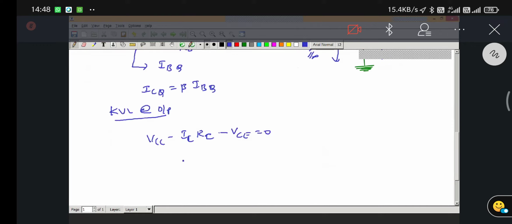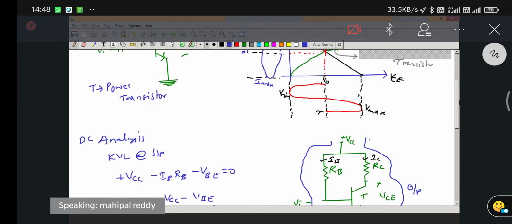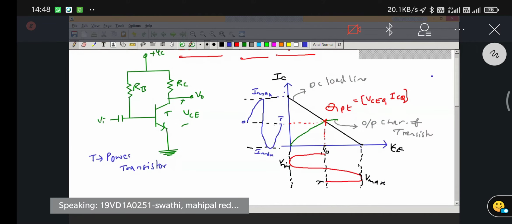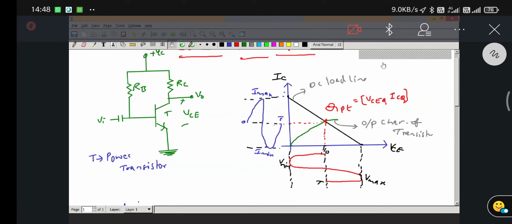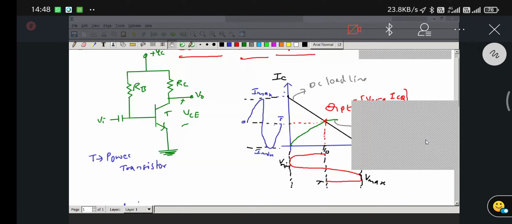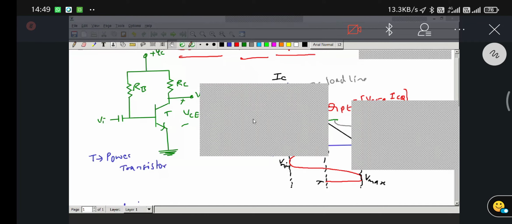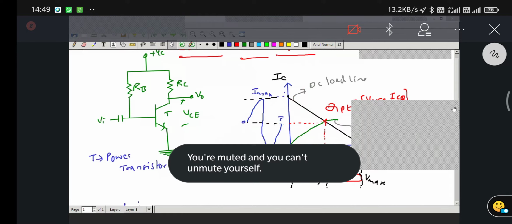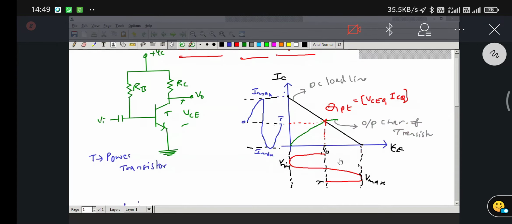From this we get the output expression, and we need two points here, one point A and one point B. Here we are writing the mathematical expression for the output port.